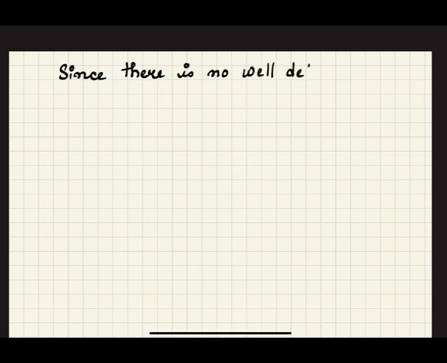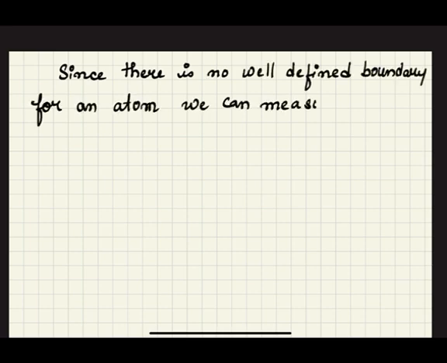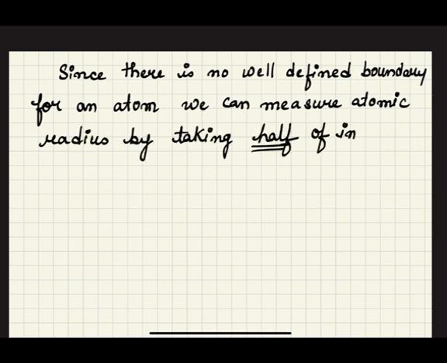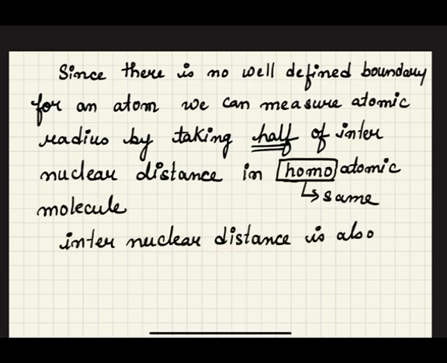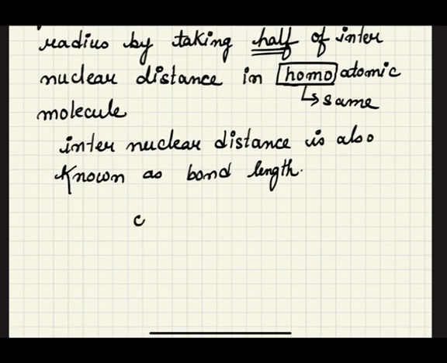Since there is no well-defined boundary for an atom, we can measure atomic radius by taking half of the internuclear distance in a homoatomic molecule. Homo means same. Internuclear distance is also known as bond length.